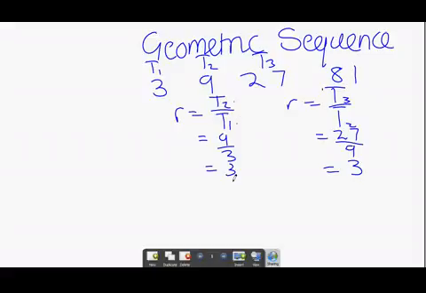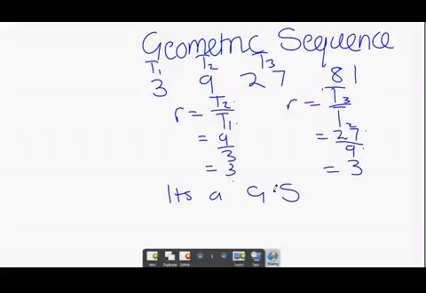Then I went on to verify using the next ratio, T3 divided by T2, where T3 is 27 and T2 is 9. So 27 divided by 9 is also equal to 3. Then this confirms that it's a geometric sequence. Now this is the simplest version.